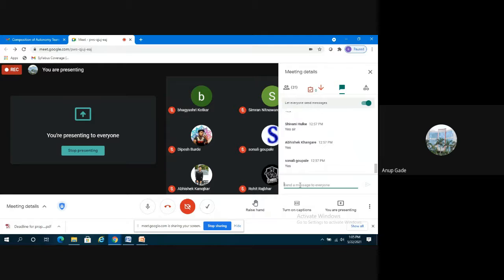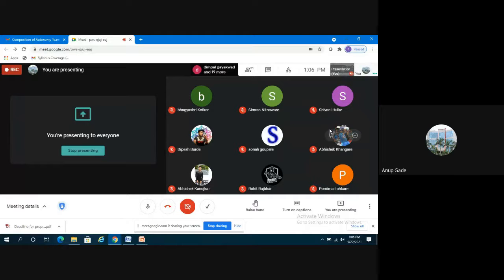Come on, tell me the number of page faults when 3 frames were used and the number of page faults when 4 frames were used. Come on. Have you done it or not? Yes or no?